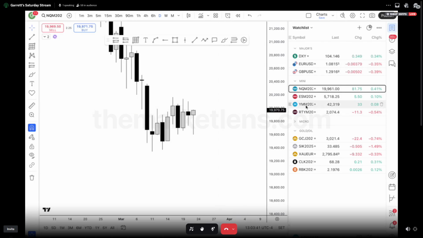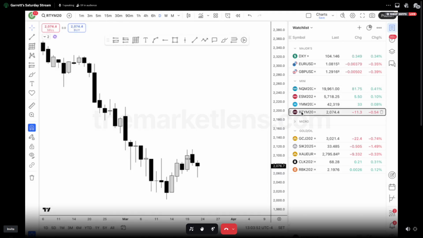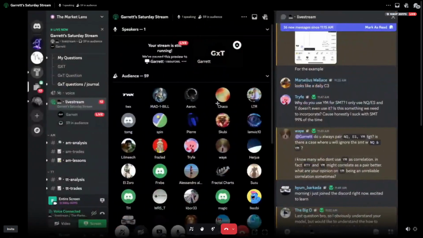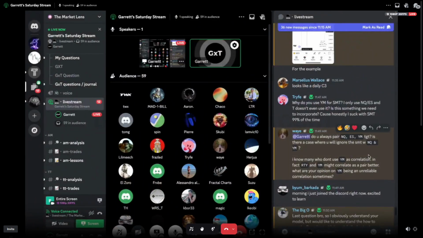When it's out of sync, I will use RTY. I will almost treat YM as an individual asset and treat RTY as the correlated pair. And then if I want to trade RTY, I'm only referring to YM as a correlation. That's just how I do it. It works out very well for me.